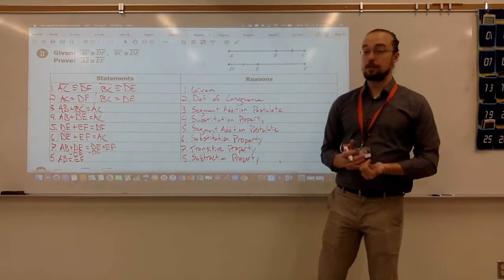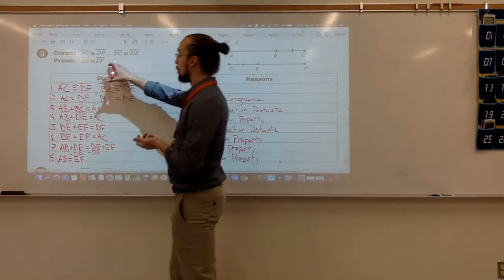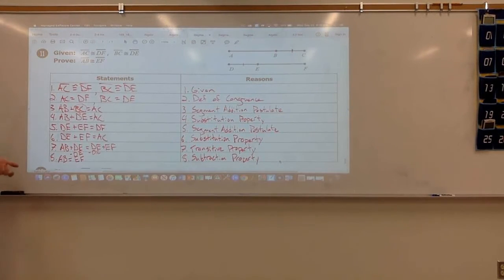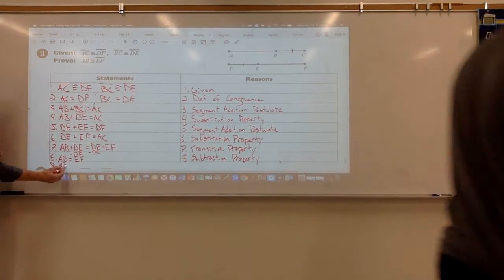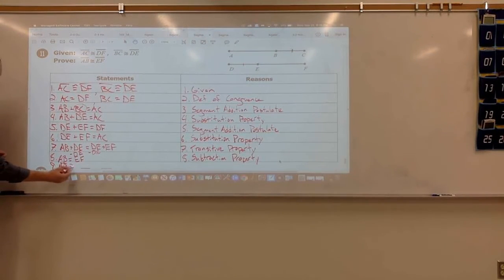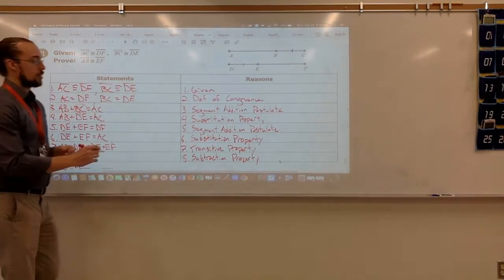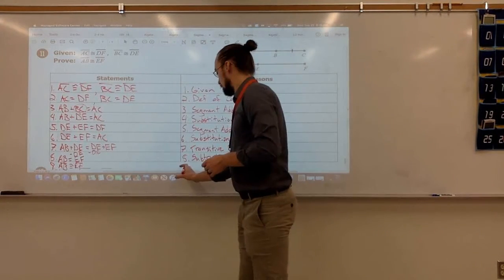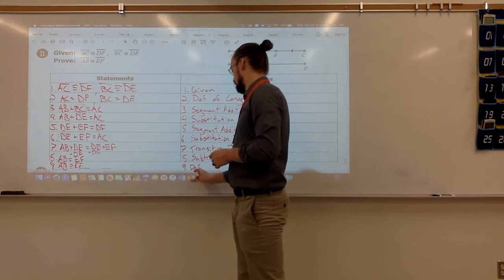And then we do need one more line to get to exactly what we want, to claim that these are congruent. AB is congruent to EF. We would say definition of congruence.